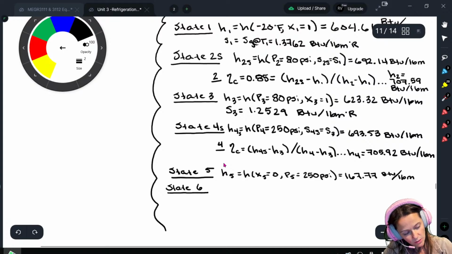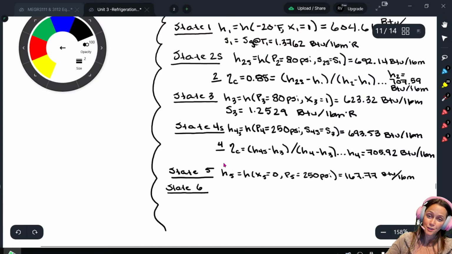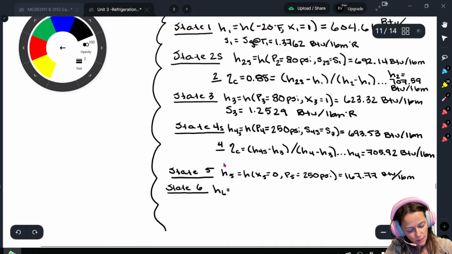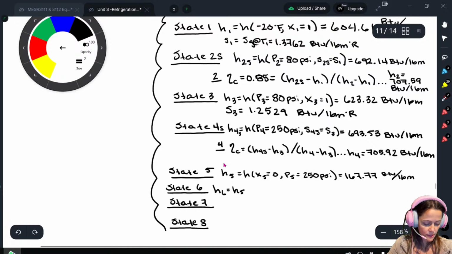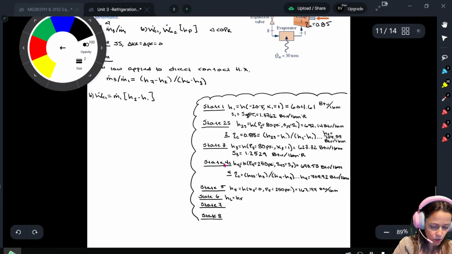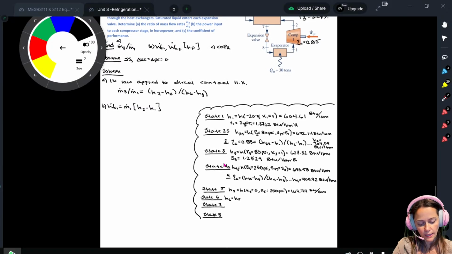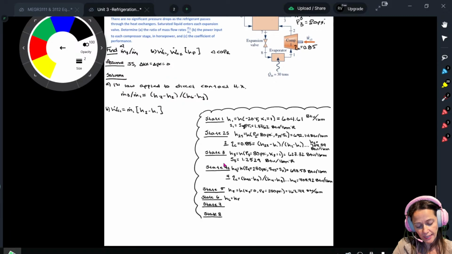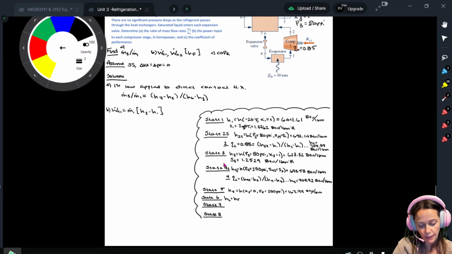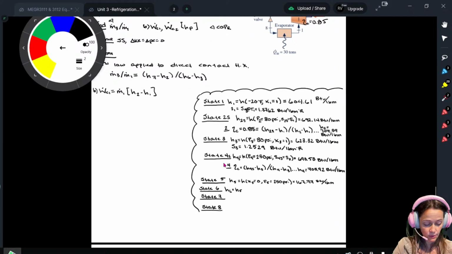And then state 6, going through an isenthalpic throttling process through the expansion valve, so H6 and H5 are equal to one another. State 7 and 8 are very similar. 7 to 8 is a throttling process. Let's look at our diagram there. 7 and 8 should be the same enthalpy, and the problem statement says saturated liquid enters each expansion valve, so the quality at 7 is 0.